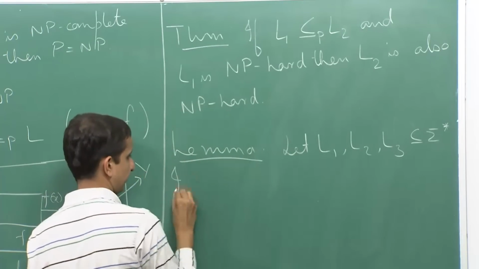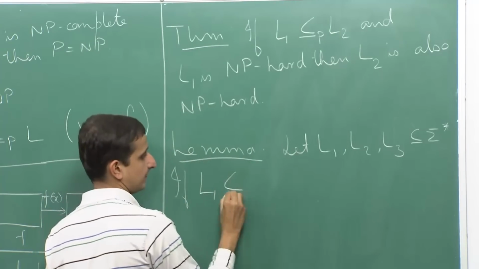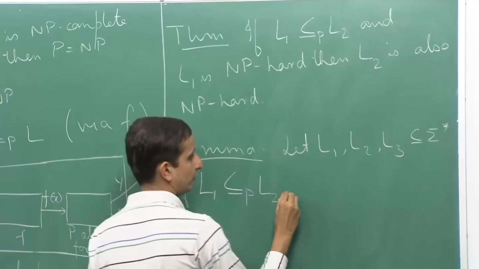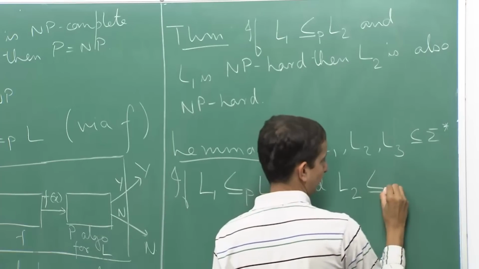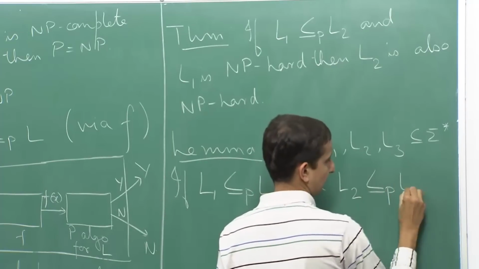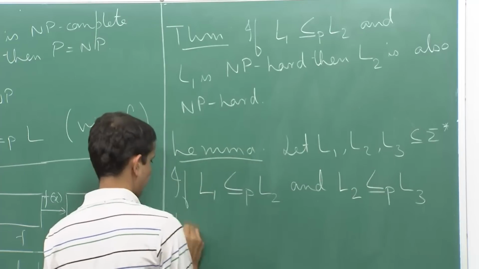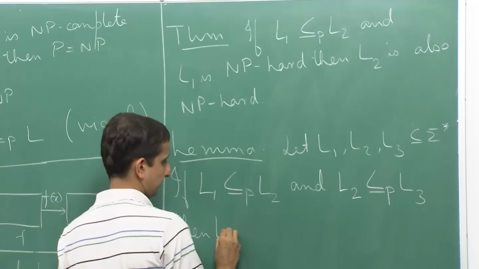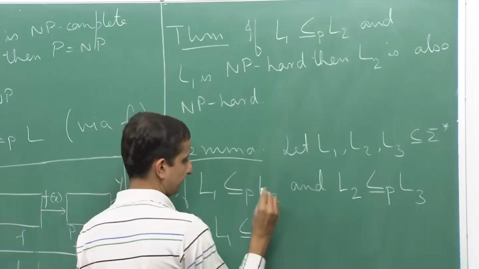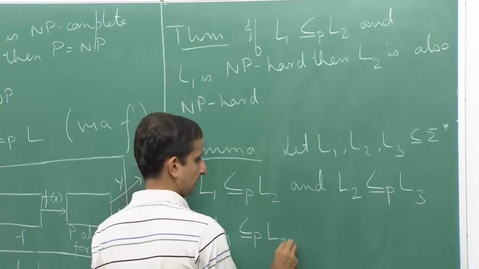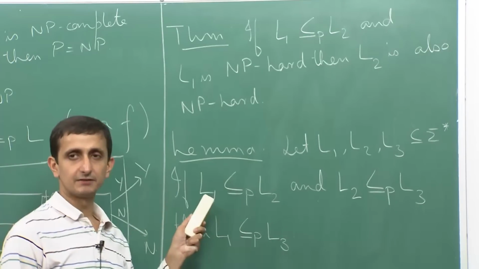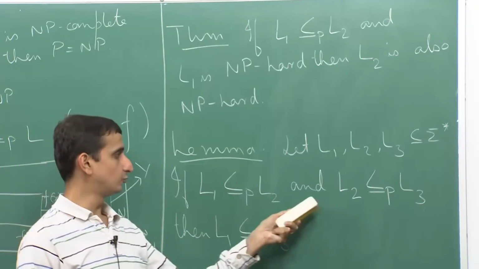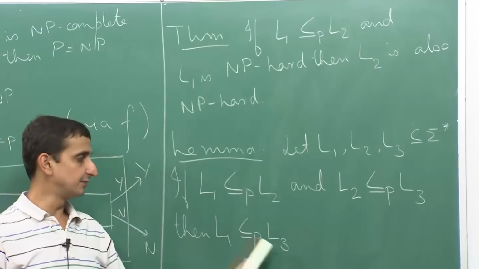If L1 reduces to L2 and L2 reduces to L3, then L1 reduces to L3 also. Okay. So, in some sense the reduction is transitive in nature. So, if 1 reduces to 2 and 2 reduces to 3, then 1 reduces to 3.